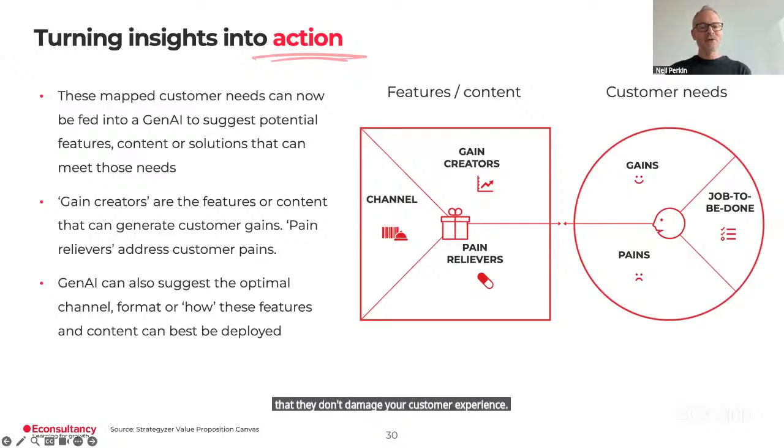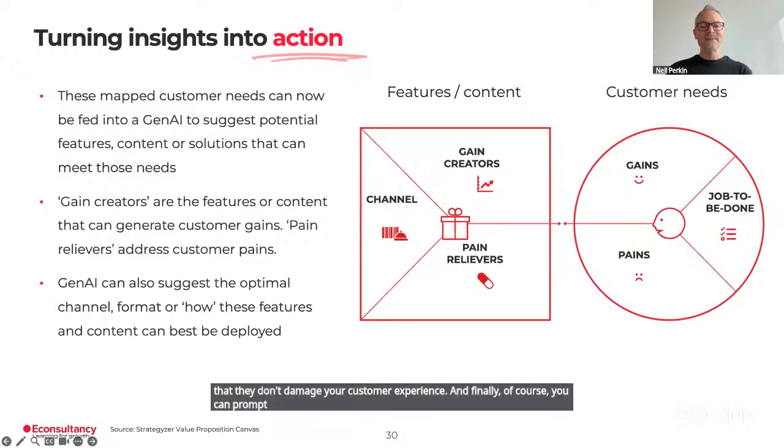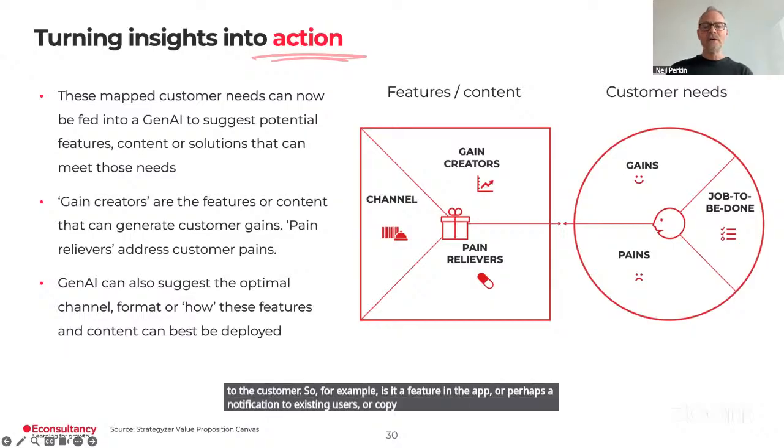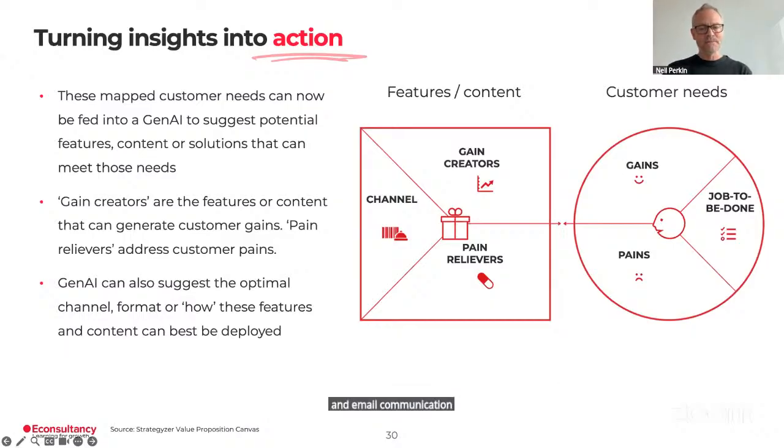And finally, of course, you can prompt the AI to recommend how these features or content can best be delivered to the customer. So, for example, is it a feature in the app, or perhaps a notification to existing users, or copy on the website, or an email communication, and so on.